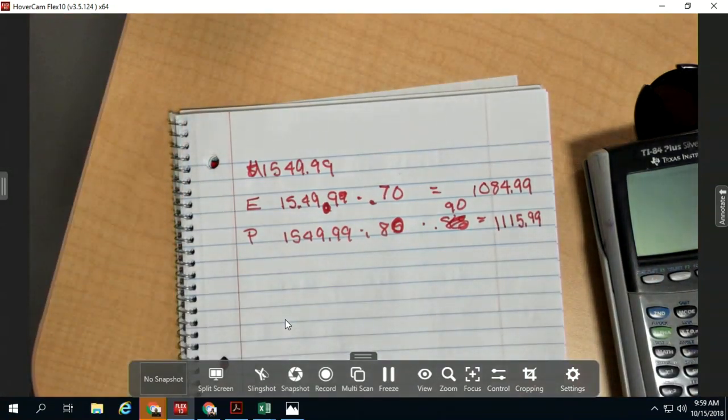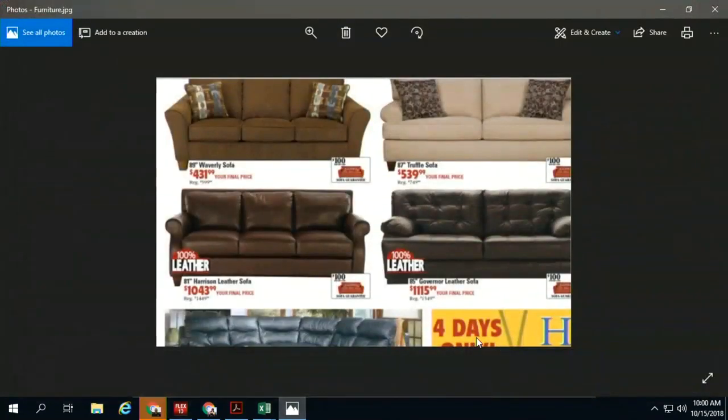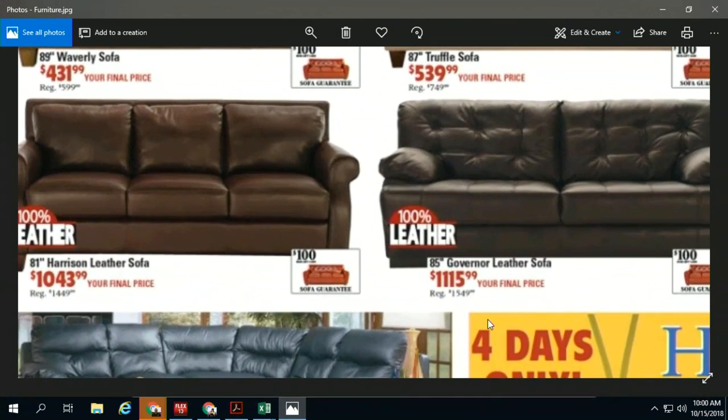Now, the verification for who is right, Eduardo or Paula, comes directly from the ad. So when we look at the price of this sofa, what do you see? Who's right? The Paula way is the correct way to do the math.